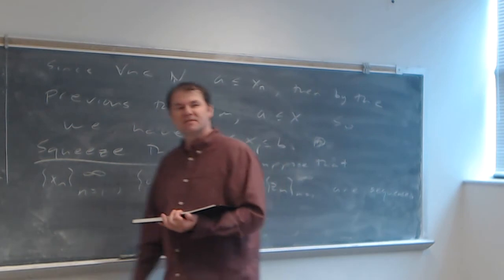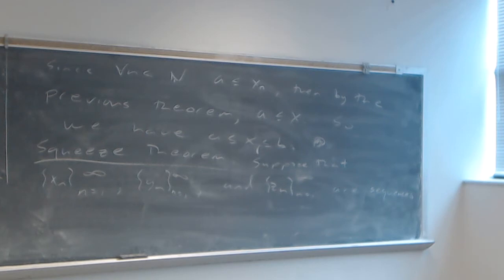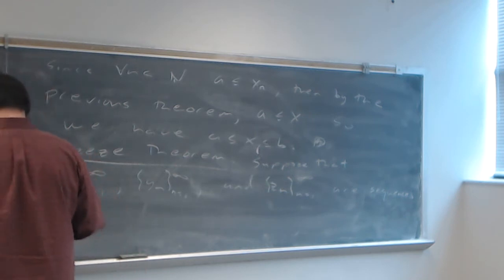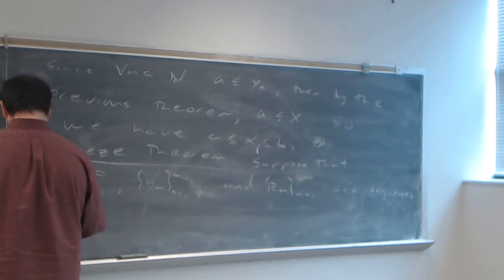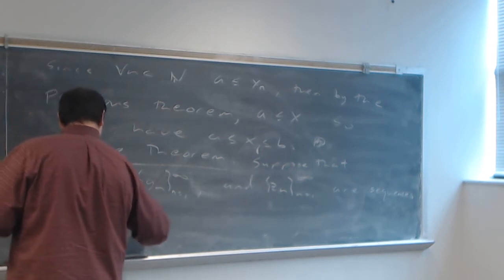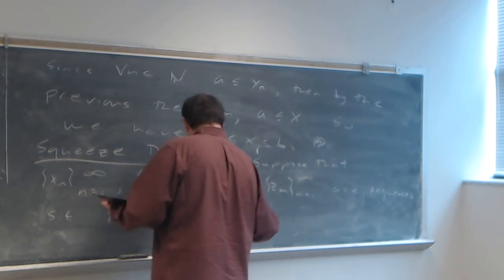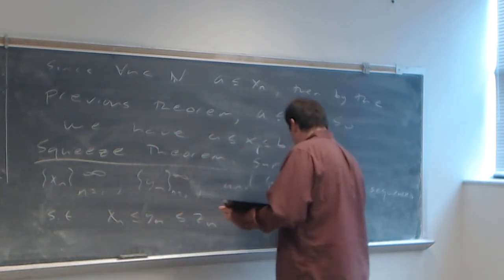The book always says sequences of real numbers, which is important because you can have other types of sequences, like sequences of functions. But here we understand these are sequences of real numbers. Such that x sub n is less than or equal to y sub n is less than or equal to z sub n, and that's true for all n an element of the natural numbers.